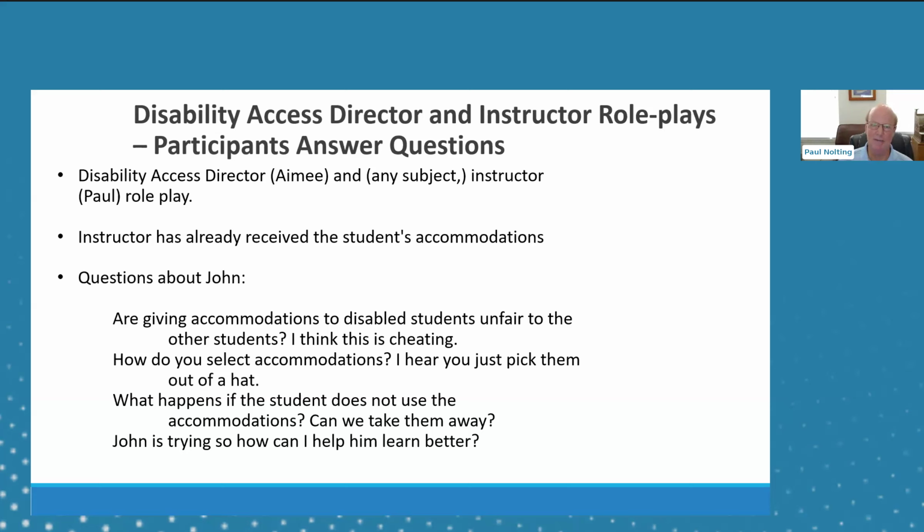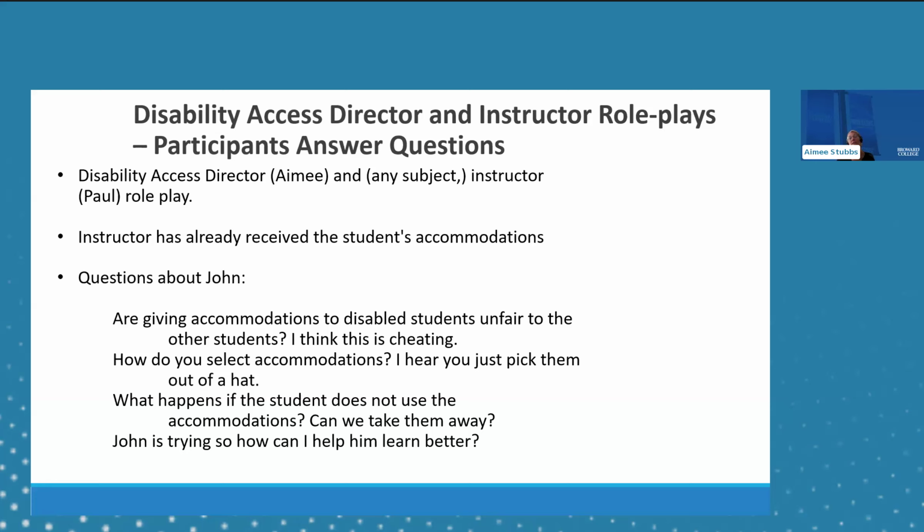Aimee, we've already given John a bunch of accommodations. Aren't these accommodations unfair to other students? I know you may think it's cheating, but it's not. What accommodations do is level the playing field. A specialist trained in reading documentation will meet with the student and establish accommodations based on their documentation and their disability, and they know which accommodations will level the playing field.